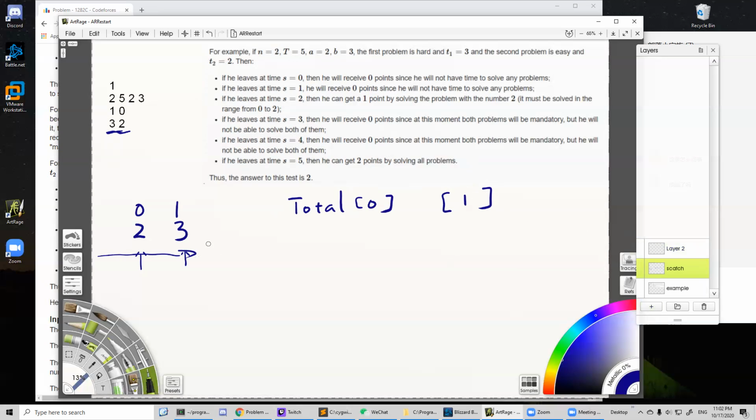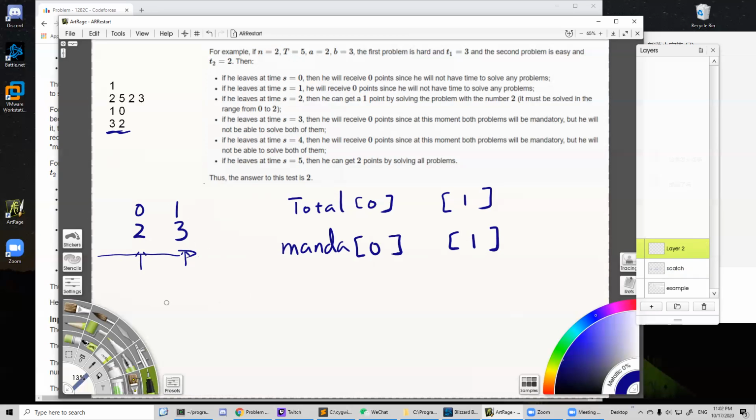And we are going to keep a counter of current mandatory problems. So also the mandatory problems for the easy problems and the mandatory problems for the hard problems, right?